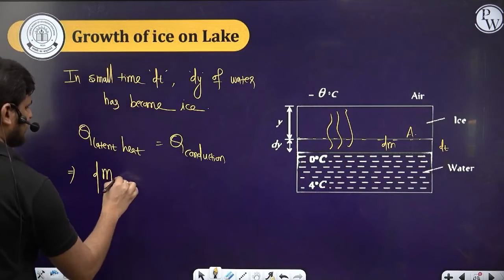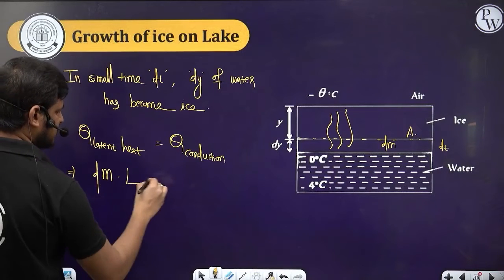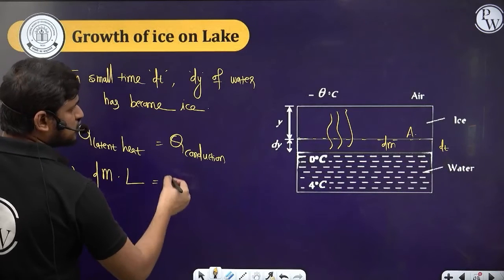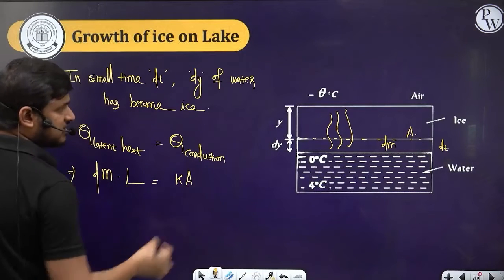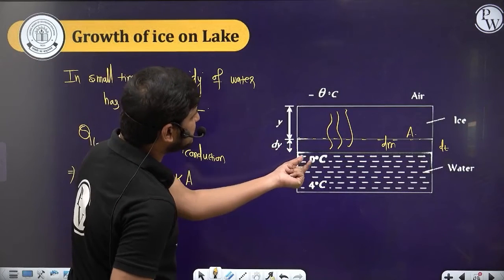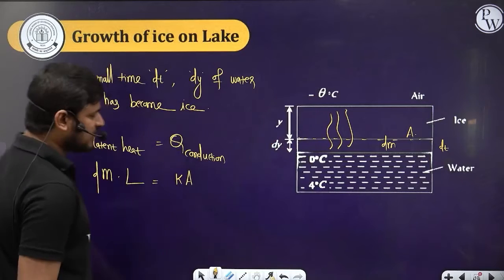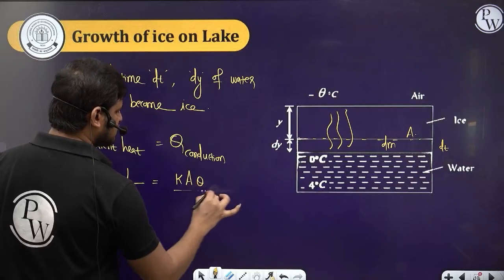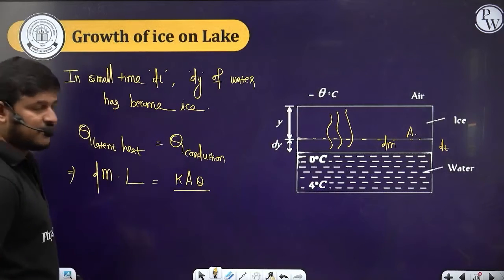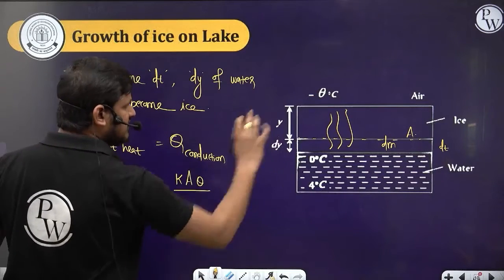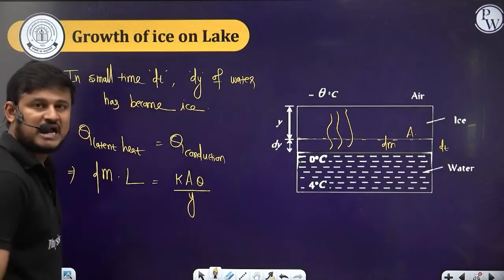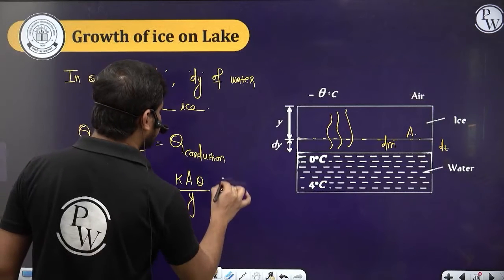So dm into L, the latent heat of fusion, is equal to the thermal conductivity, let it be K, the area A, and what's the temperature difference here? 0 degrees here minus minus theta, so theta. So K A theta by, what's the length? The already y part has become ice, into the small time dt.